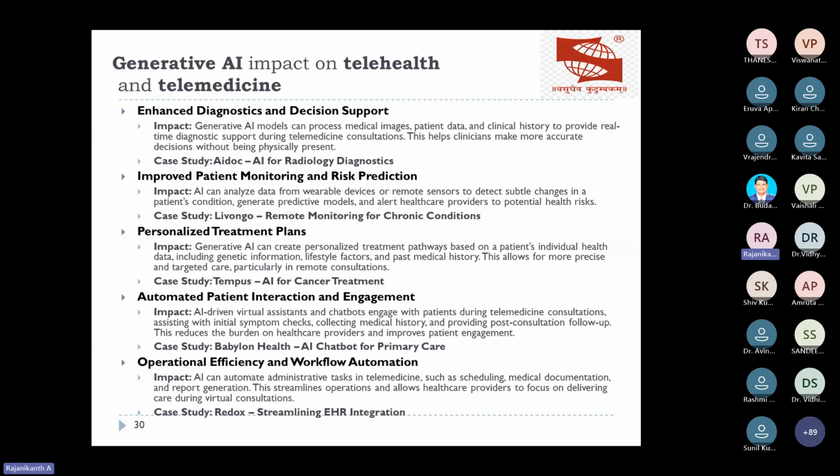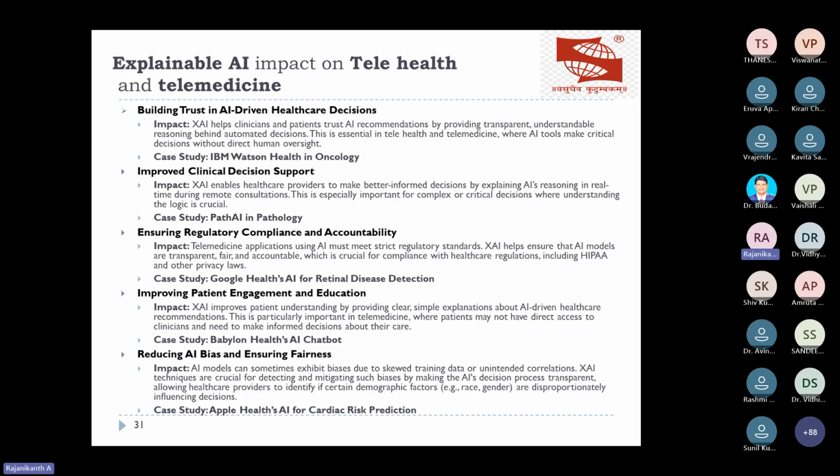A very good example is Redox. It streamlines the complete electronic health records. Because, for example, if a mistake happens and one patient's record goes to another patient's record, the whole mishap happens. So the healthcare records have to go in the flow they are defined to go. Yes, so that's why we need certain solutions, and Redox is an example for that.